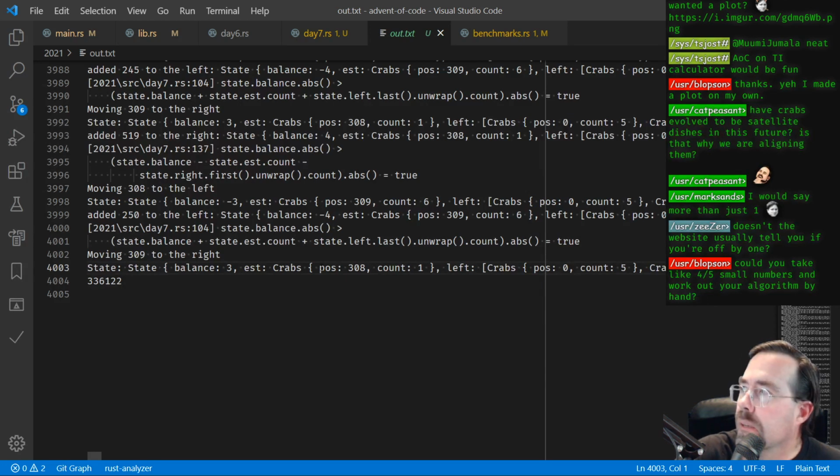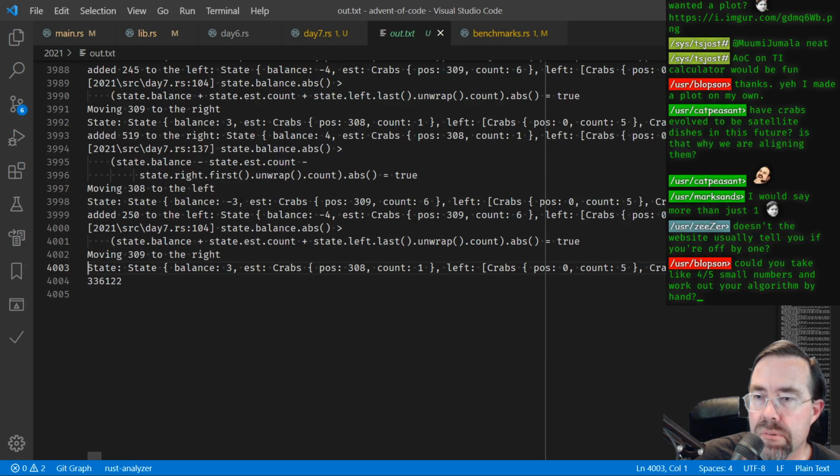Because I don't think my balance is computed correctly. Yeah, it's not correct, right?